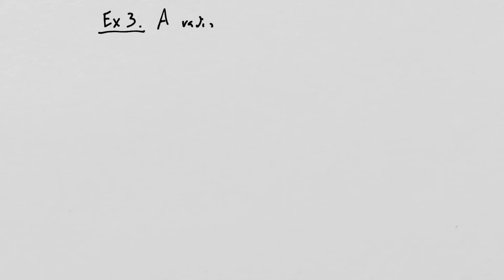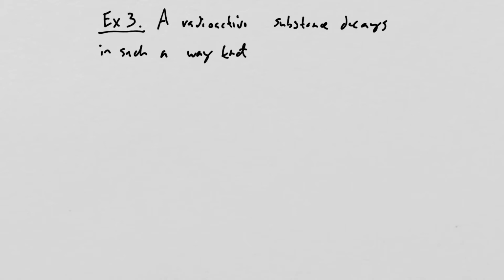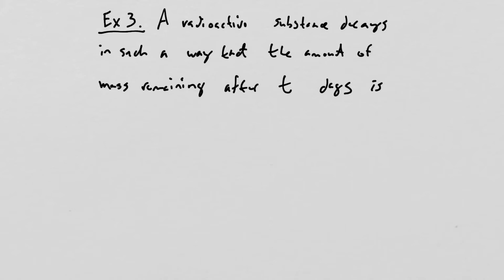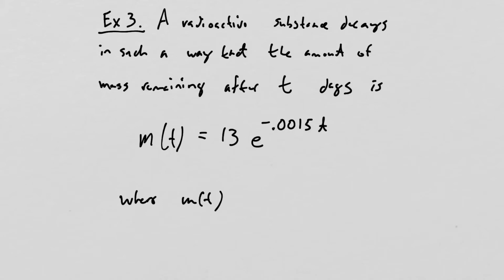A radioactive substance decays in such a way that the amount of mass remaining after t days is given by the following equation, where m of t is measured in kilograms.